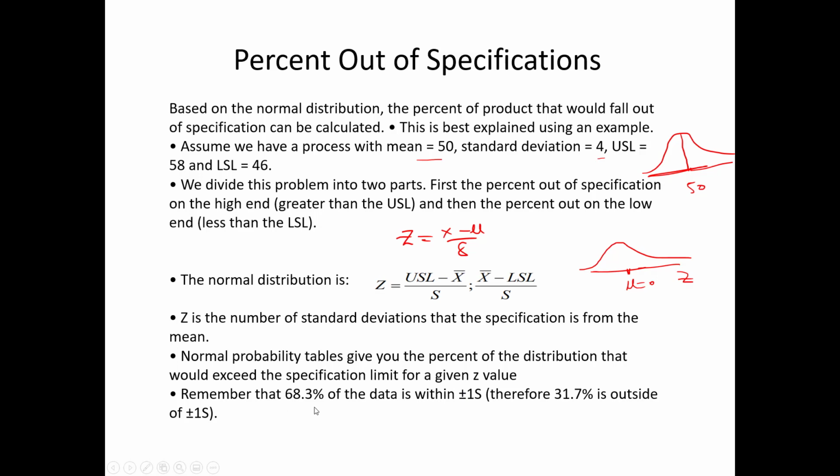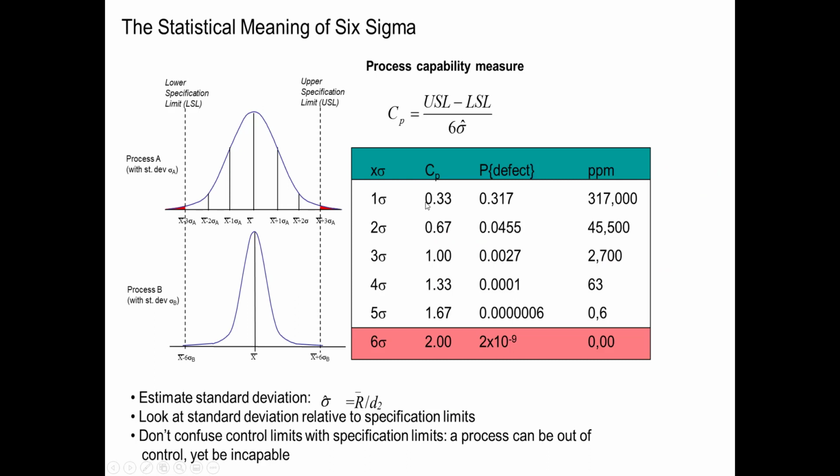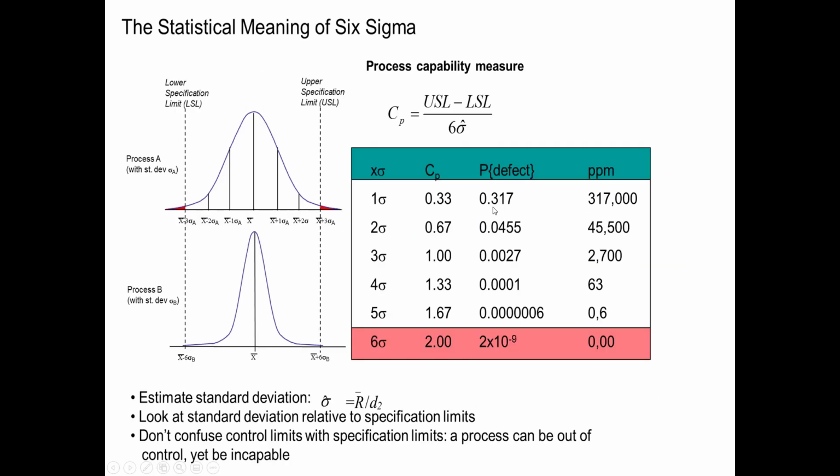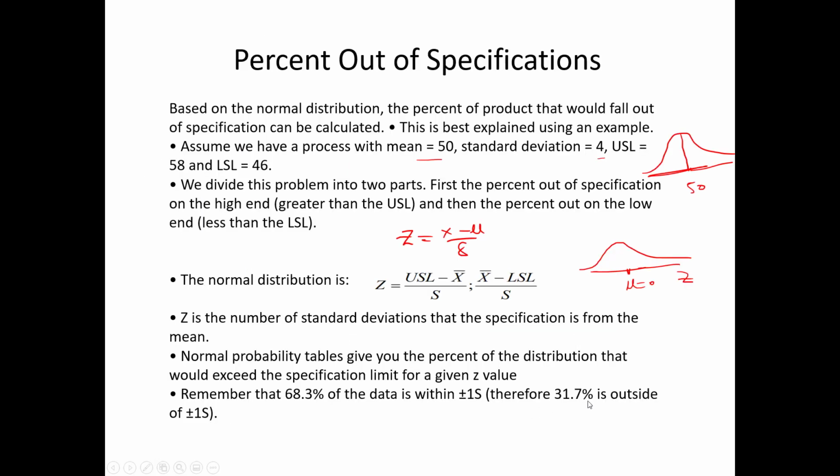Remember that 68.3% of the data is within plus minus 1 sigma. So you can see between this plus minus 1 sigma, 68% area lies, and we have already calculated 1 minus 0.683 is equal to 31.7%. That is why if you change this into a percentage, it will be 31.7% outside of the plus minus 1 sigma.